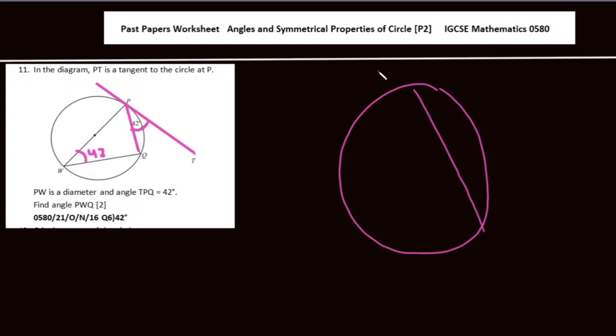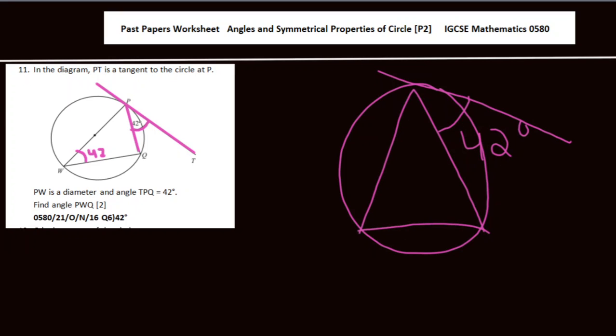So these two would be equal. Then this angle would be the same as this angle being subtended over here, 42.